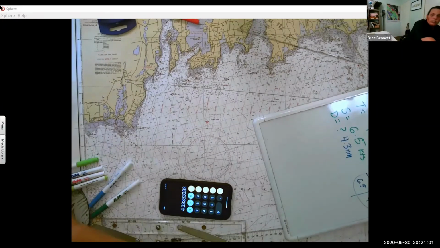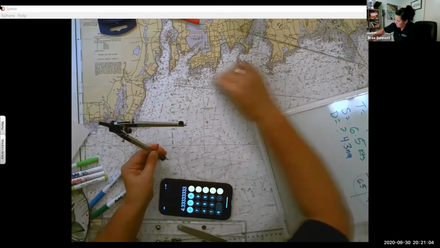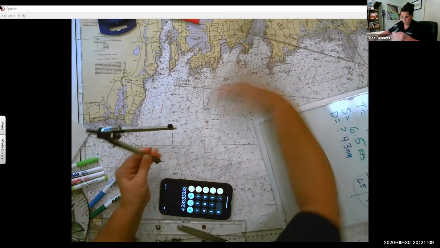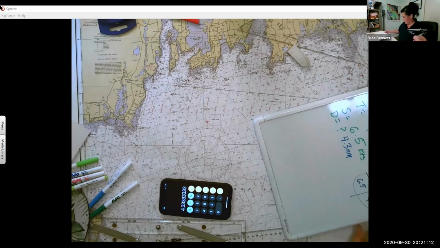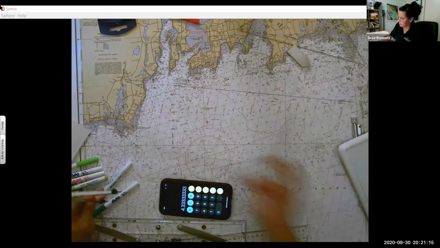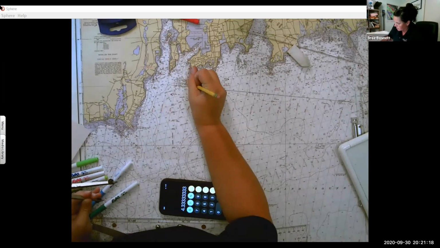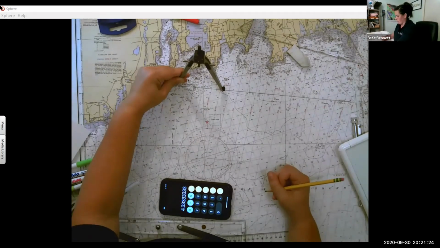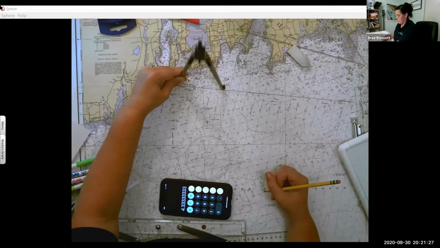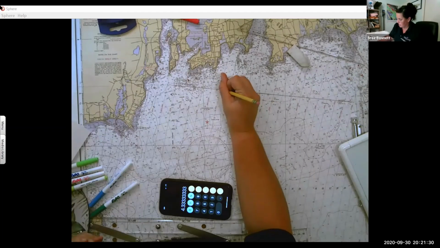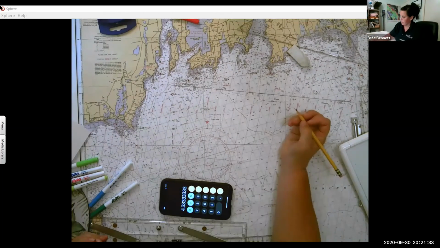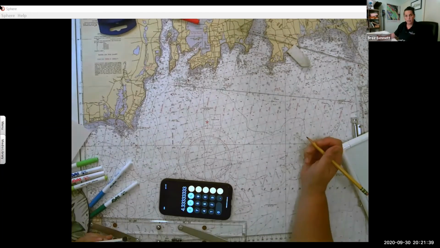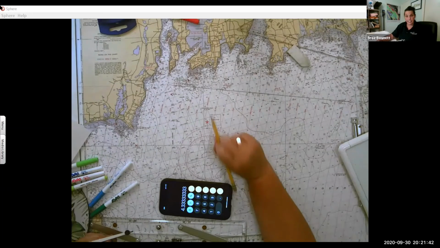Erase that a little bit so it's clear. Trying to draw it big so you guys can see it with this zoomed out screen. Course, 096, speed, 6.5. Okay, so my 4.3 nautical miles is right about here. So I'm going to make a DR symbol and have that as 0900. So I have my 0900 DR.